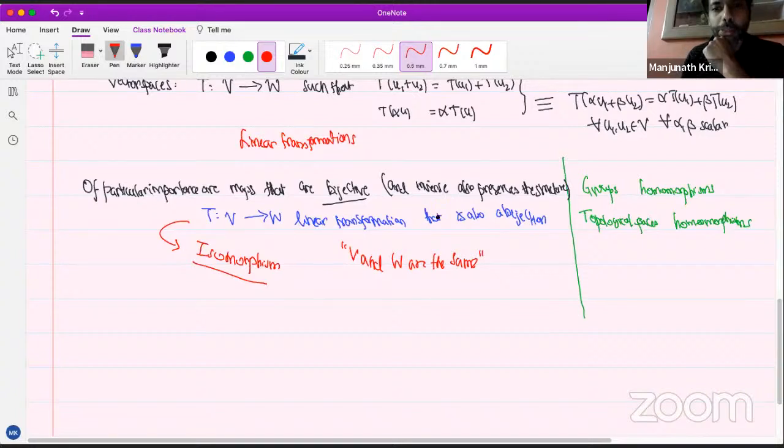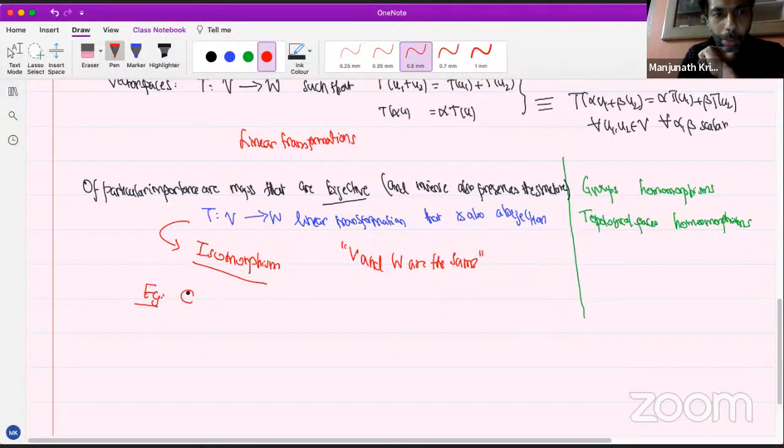When you have a linear isomorphism, that's also a bijection. What is the point of this isomorphism? It just means that whatever you do in V, you can do in W. If you do some calculations in V, you can immediately transfer the calculations to W and vice versa. That's what it means.